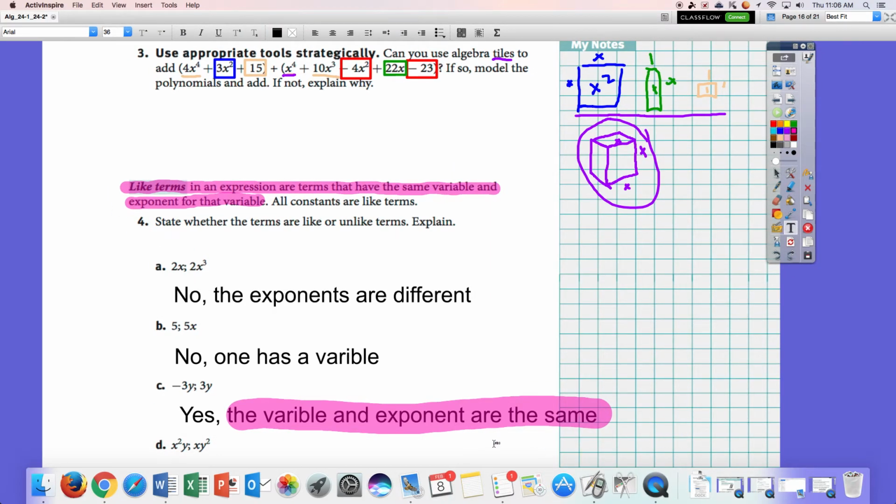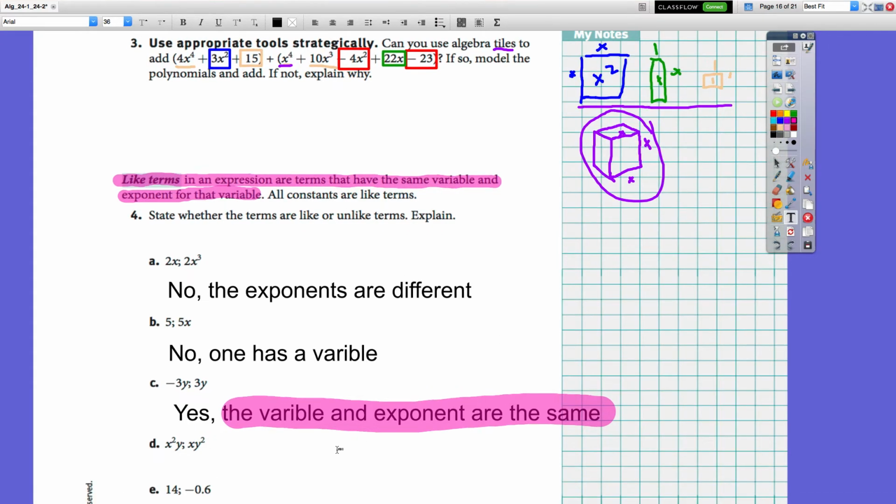For part D, we have to be very careful because in part D, we have the same variables. We kind of have the same exponents, but these are not like terms. One term has x squared. The other has y squared.